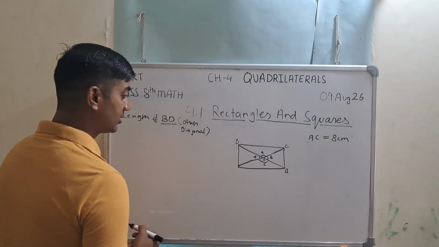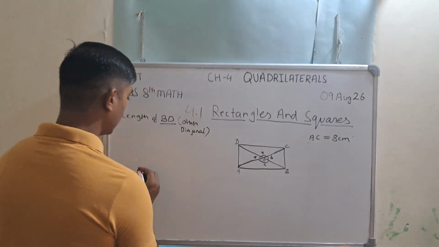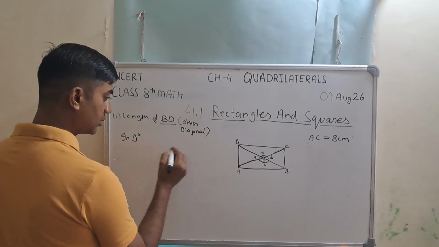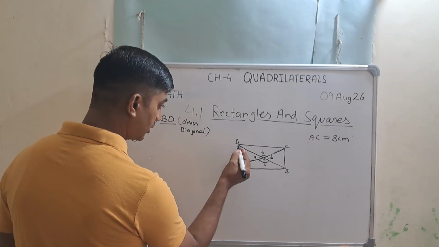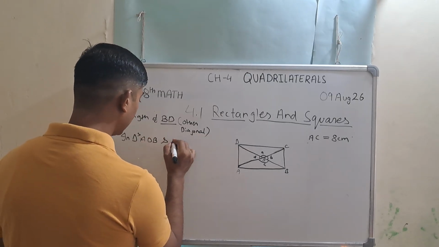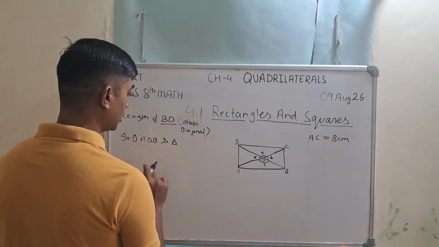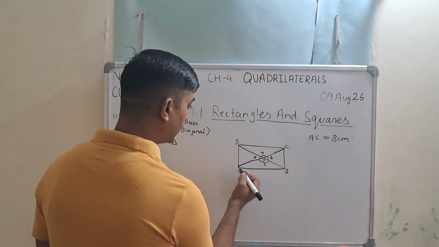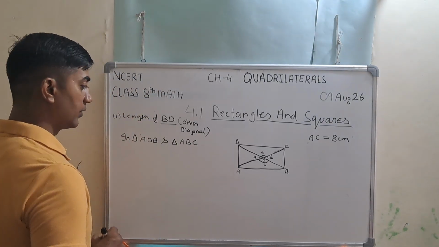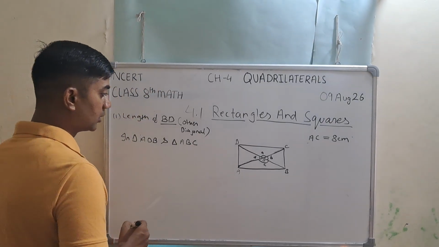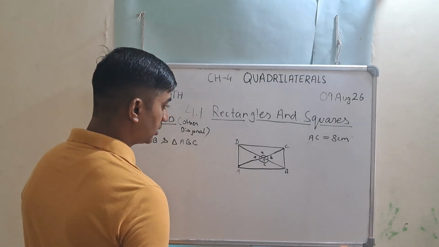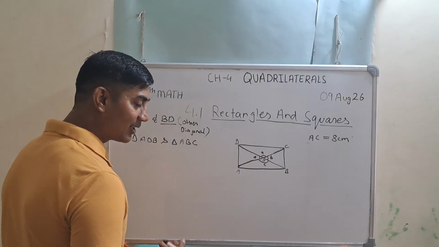Now we are taking the triangles. This is A. In triangle ADB and triangle ABC, what have we seen? See, this is already a rectangle. It is given. We have drawn it. We have taken it as a rectangle.